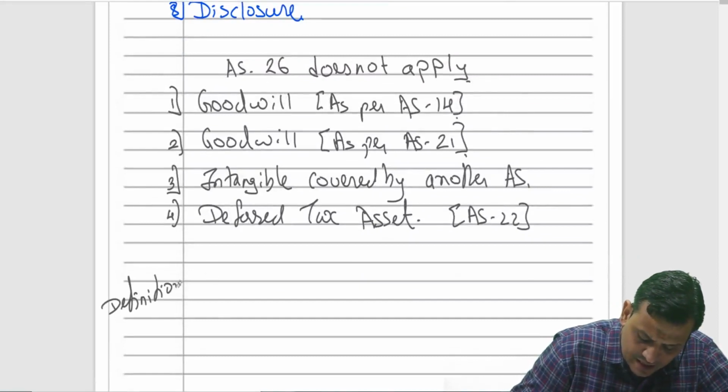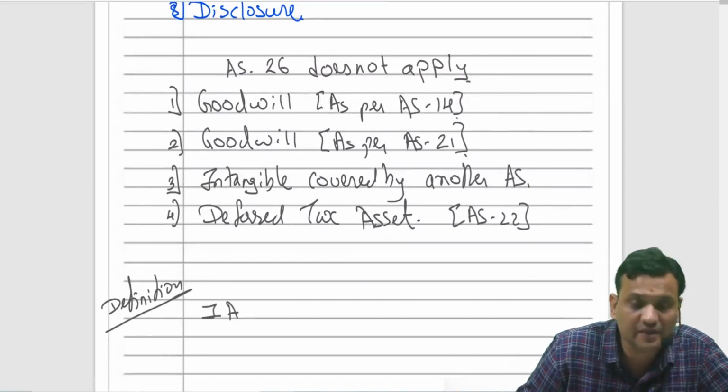It says intangible asset. Henceforth, I will say IA, rather than writing the whole intangible asset.